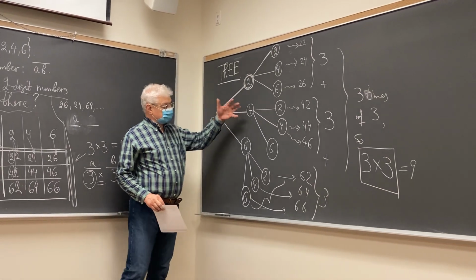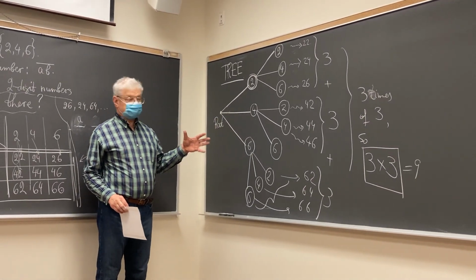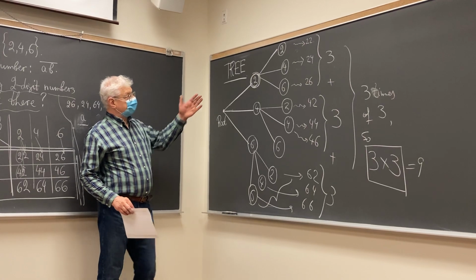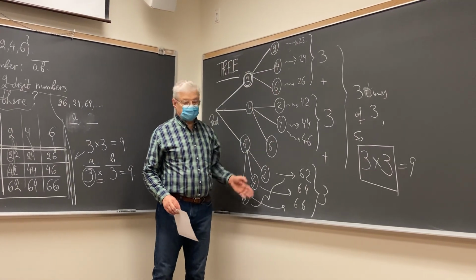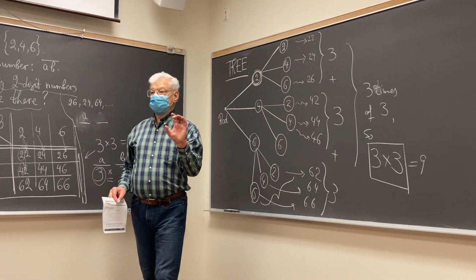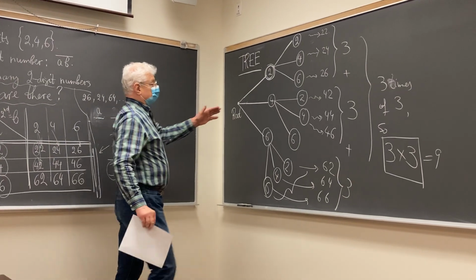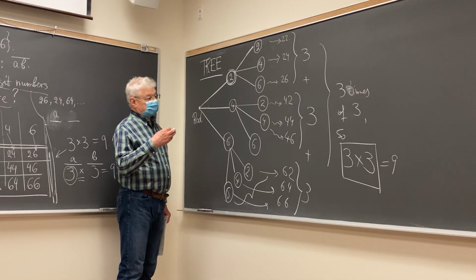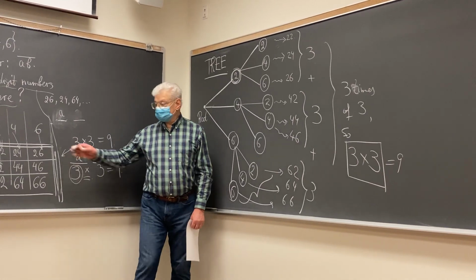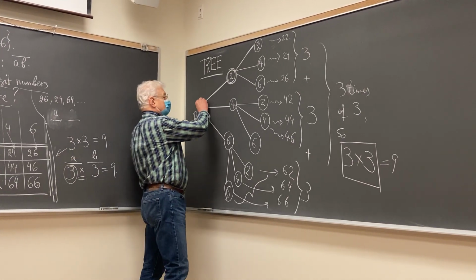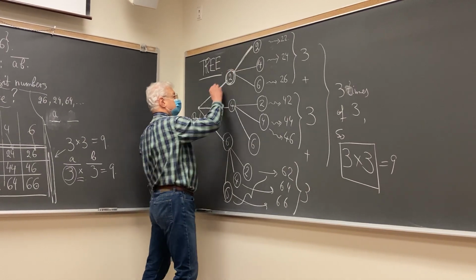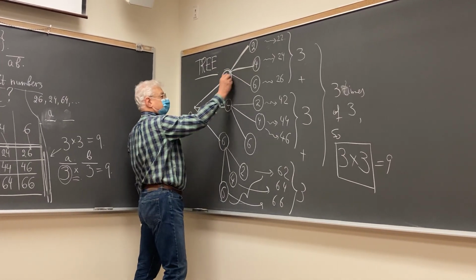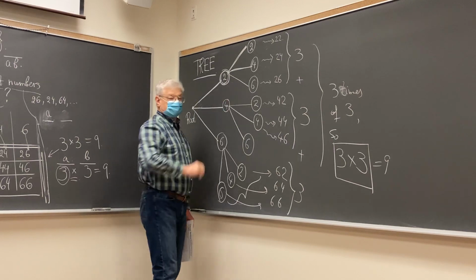Now, the number of such 2-digit numbers, why is it a tree? It looks like a tree, yes? And the ending digits look like leaves. You have a leaf 2, leaf 4, and so on. The number of numbers in the table is the same as the number of paths from the root to the leaf.